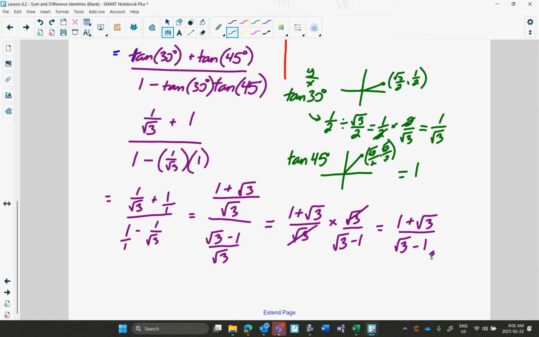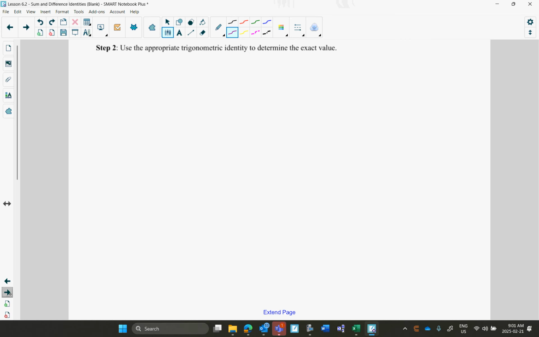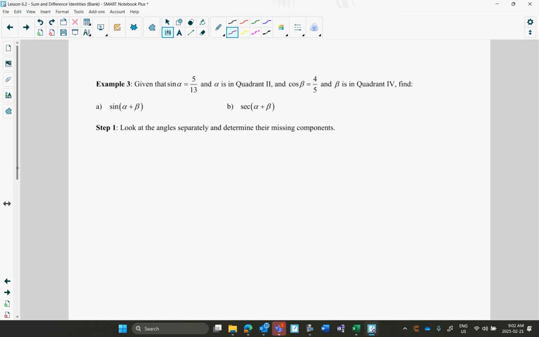Finally, one more type of question. We are given some information about two different angles. We are told that the sine of the first one is 5/13, and that angle is in quadrant 2.